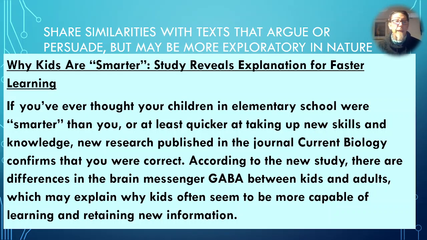According to a new study, there are differences in the brain messenger GABA between kids and adults, which may explain why kids often seem to be more capable of learning and retaining new information. So it's exploring the idea of basically, are the kids smarter than the adults?